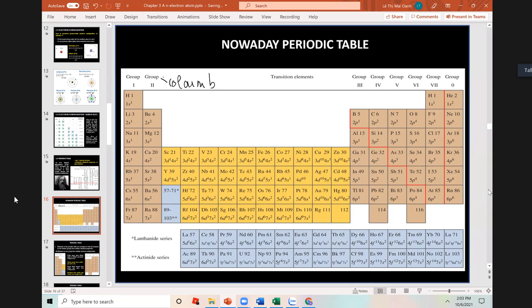And in the rows you have the periods, the cycles here. So you can see this is group 1, and group 2, group 3, group 4, and group 5 here.